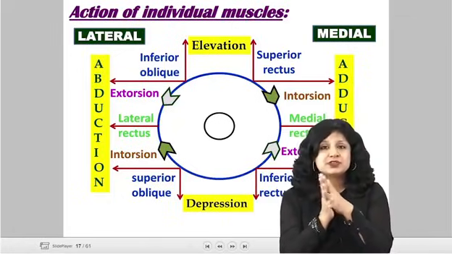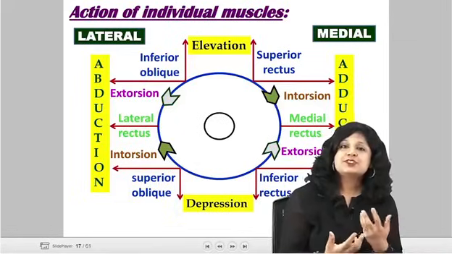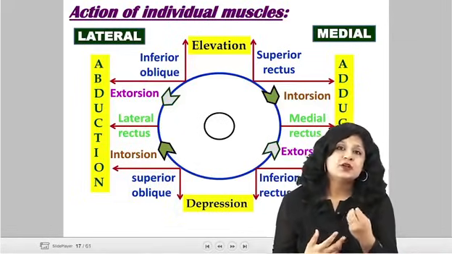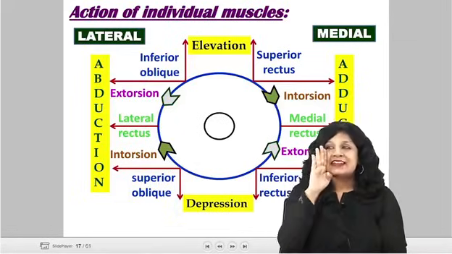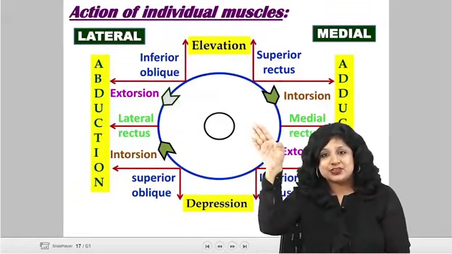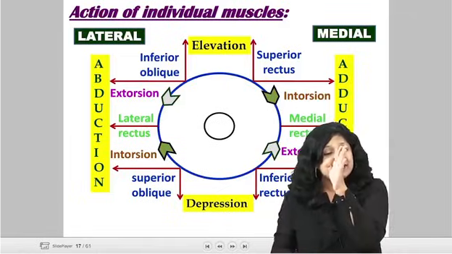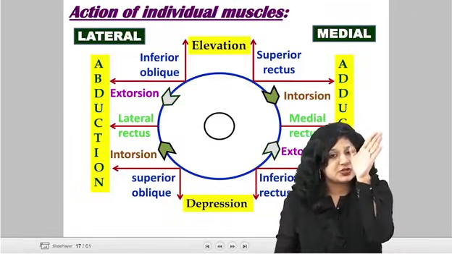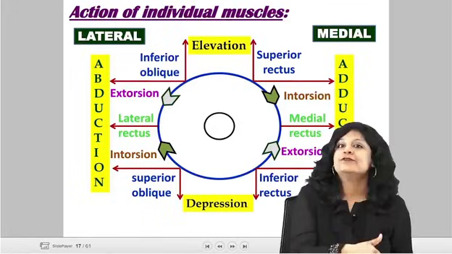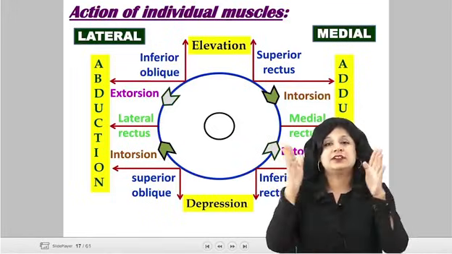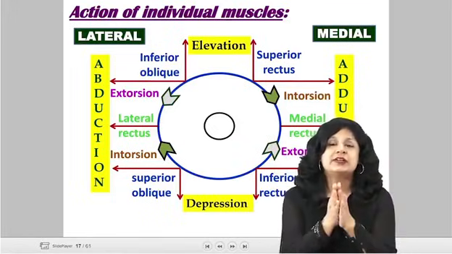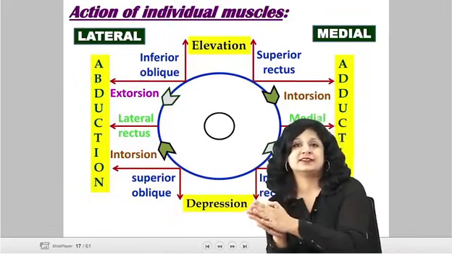What are tertiary positions? Tertiary positions means when I am using the combinations: right and up, dextroelevation; right and down, dextrodepression; left and up, levoelevation; left and down, levodepression. So these are 4 tertiary positions. So total 9 positions of gaze.